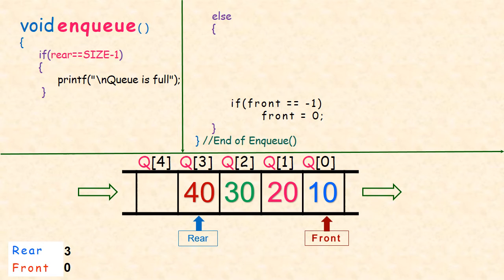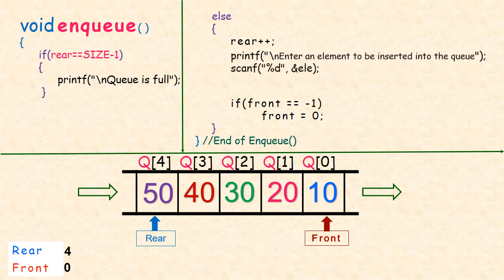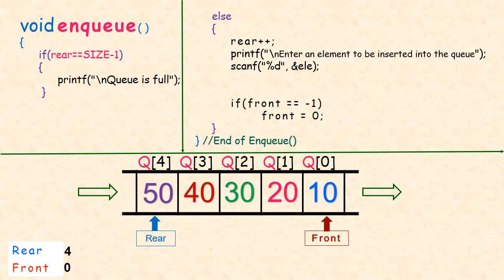So I am inserting one more element, incrementing rear to 4, and placing 50 in that position. This is possible with this code: scanf %d &ELE will read a new element, and q of rear is equal to ELE will place that value into q.